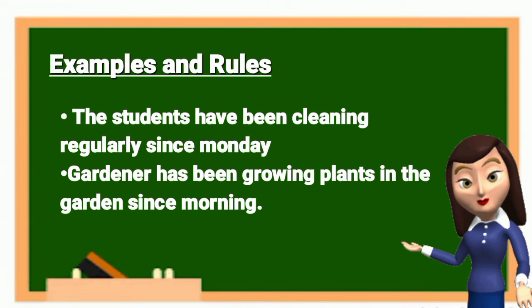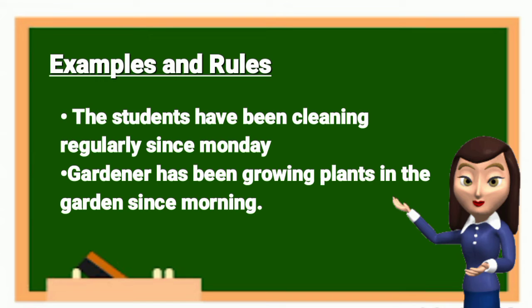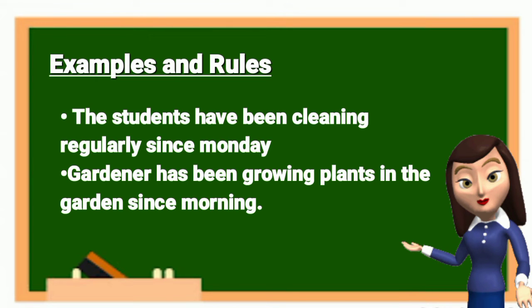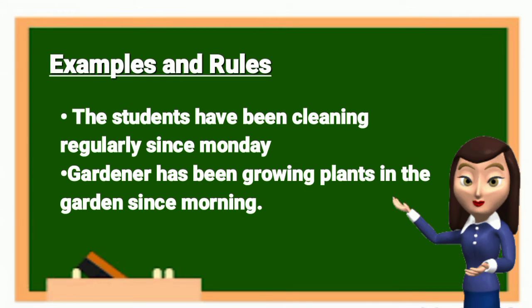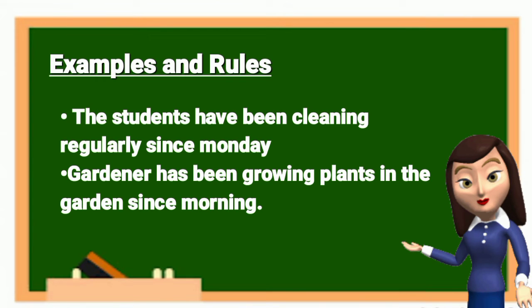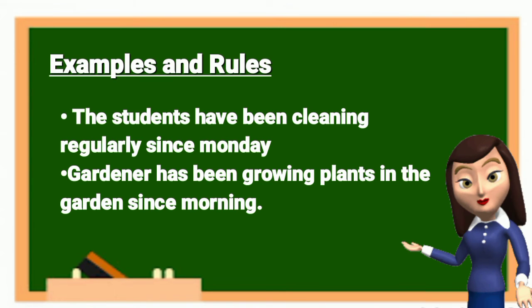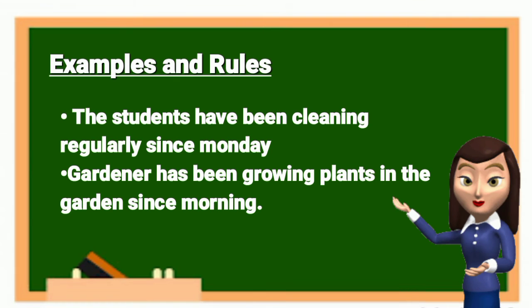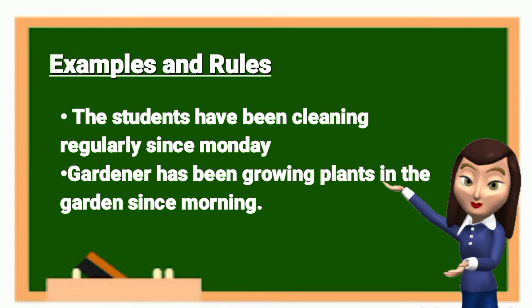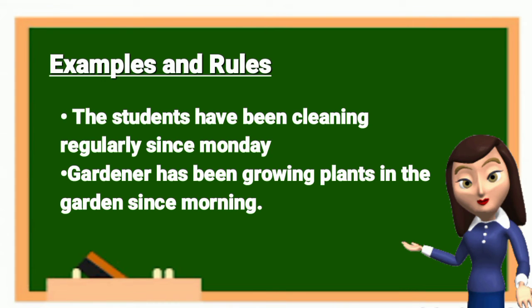The students have been cleaning regularly since Monday. So ang mga student nag-start sila og hinlo since Monday. But if moabot na po ang Monday, mag-clean na po sila. That is the present perfect progressive tense. It began in the past, but it continues into the present.